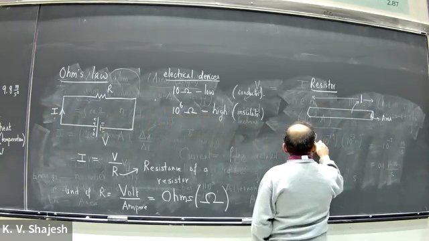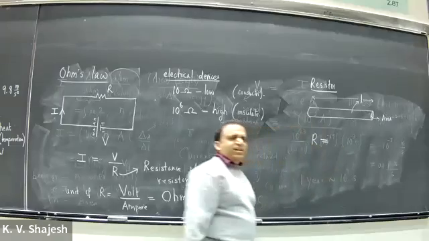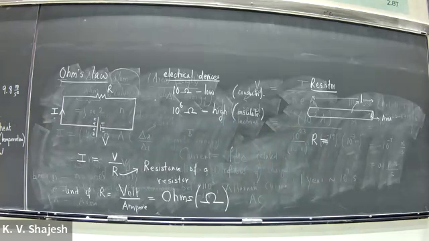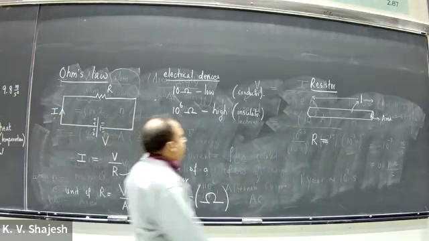So resistance is pretty much associated with resistance to current, or resistance to the flow of charges. The charges would like to flow from one end to the other, and there is a resistance to that. And what does it depend on?